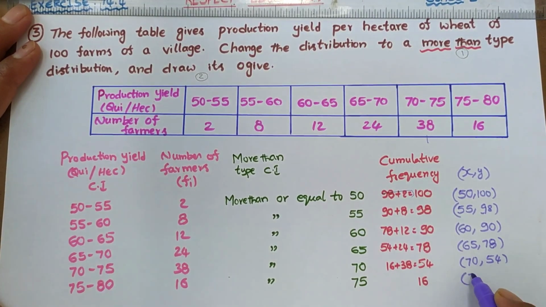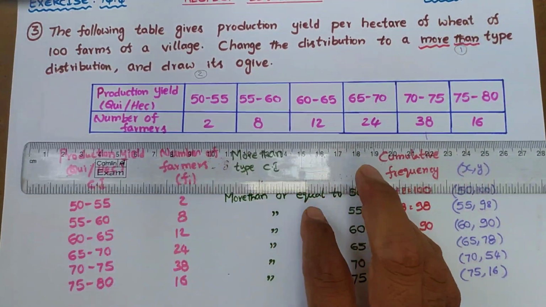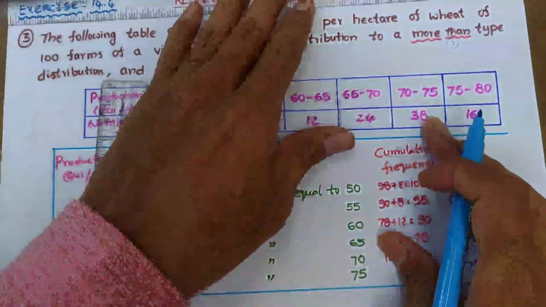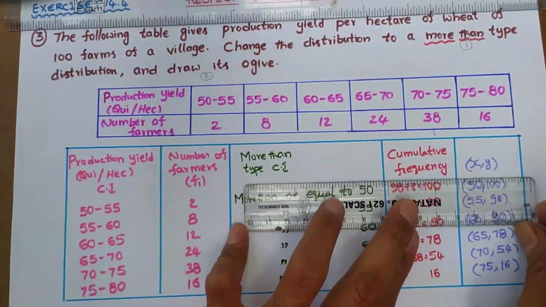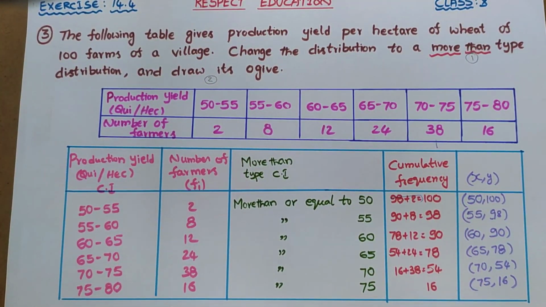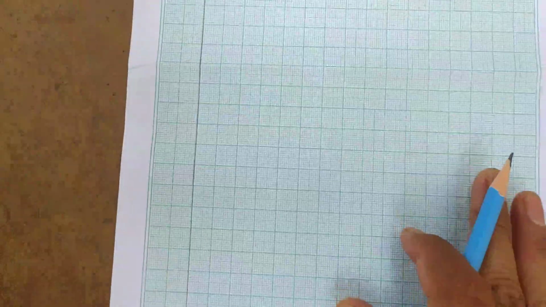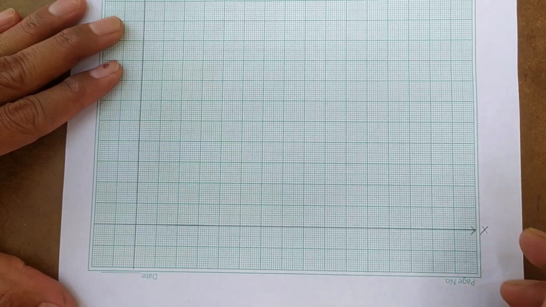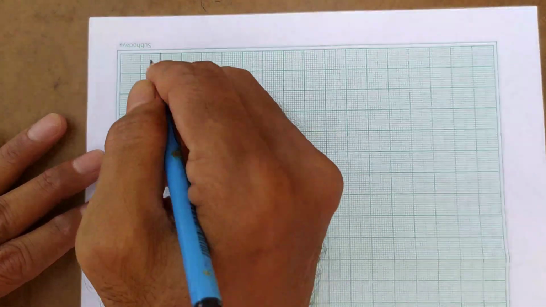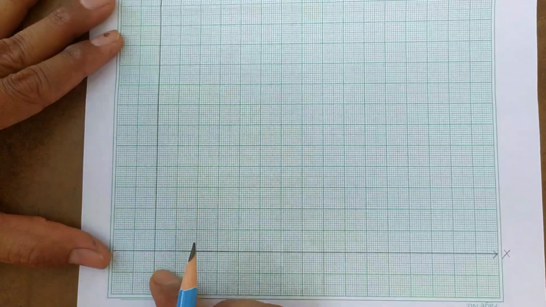Now we are going to draw the graph. Consider this as x-axis, this as y-axis, and here x-axis and y-axis both intersect.